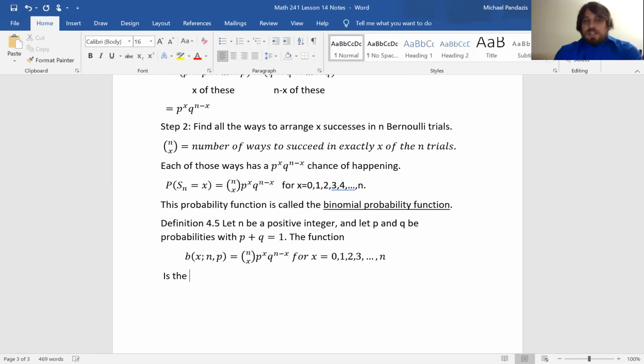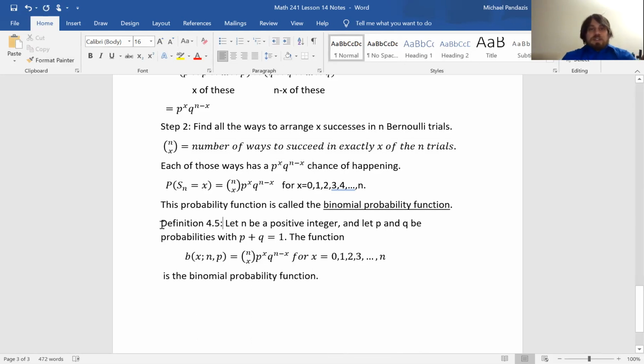This is the binomial probability function. Okay, so this is definition 4.5, and it's the definition of the binomial probability function.